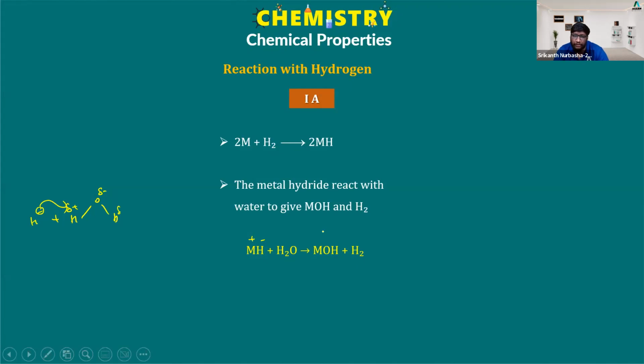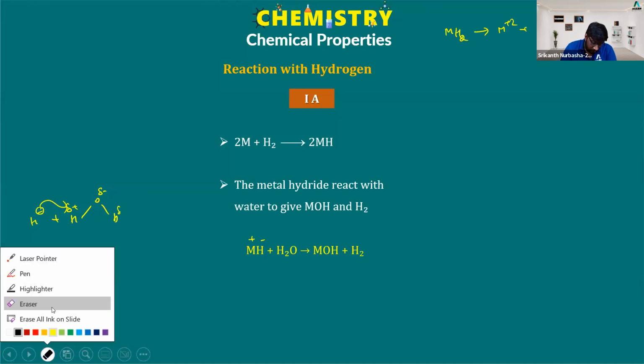If you take 2A, what will they form? Like in 2A, MH2 we will have, right? In 2A, they form hydrides of the type MH2, where we have M plus 2 and 2 H minus. These H minus will react with water to form H2 gas.